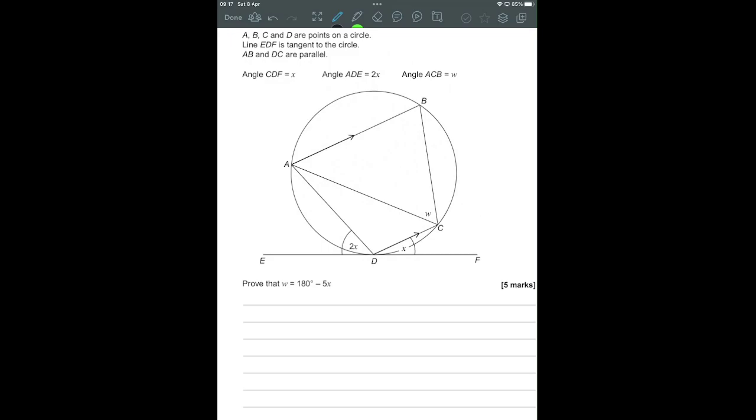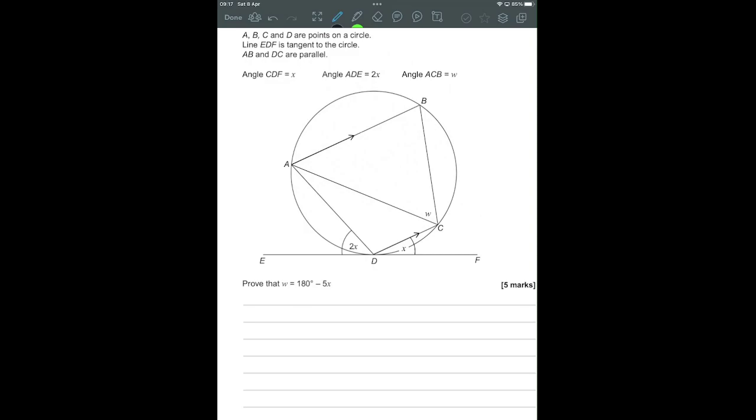So a couple of things I noticed is we're likely to try and use angles in parallel lines. I can already see a Z shape quite obviously. We're also likely to use, actually, alternate segment theorem looks like it's really nice.